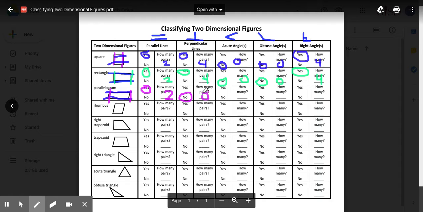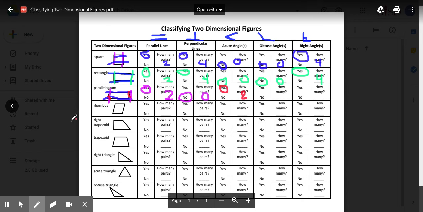There's no pairs. Your next question asks you if you have any acute angles. The answer is yes. If you look at the way the angles are formed, there's an acute angle here and an acute angle down at the bottom also. So there's 2 acute angles, so your answer is yes, and there's 2 of them.